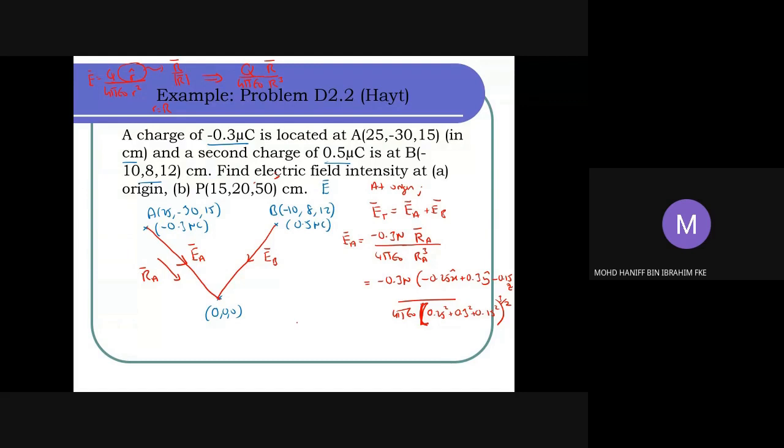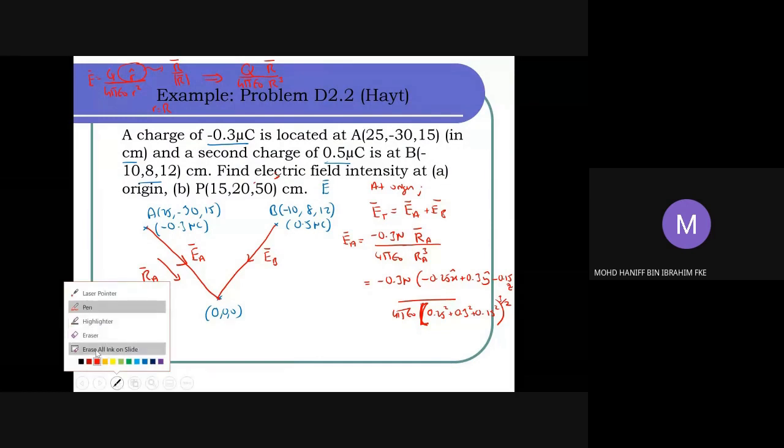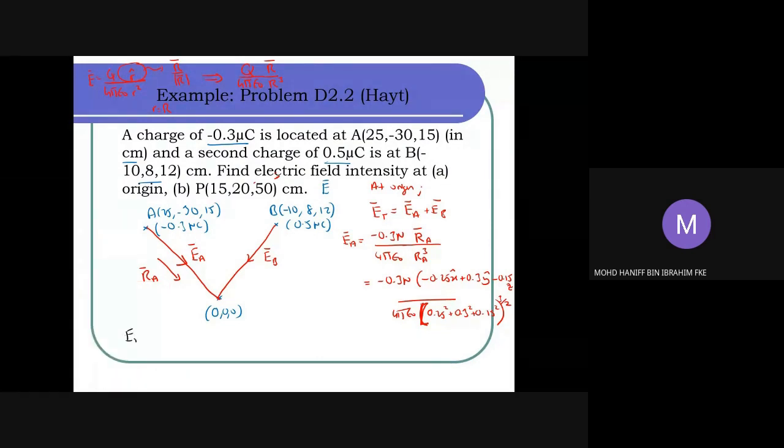Similarly, for the charge at the point of B, we can write EB as 0.5 microcoulomb divided by 4 pi epsilon naught, then the RB vector over the RB magnitude to the power of 3 over 2, in which RB is this vector. You can see that the RB vector can be calculated as the origin minus the B point.